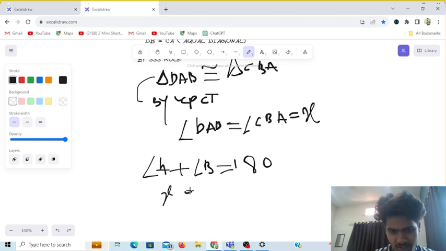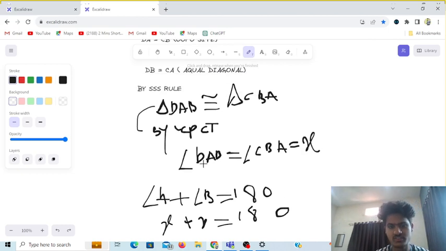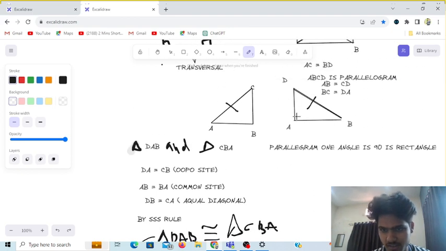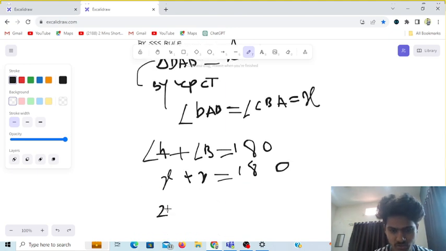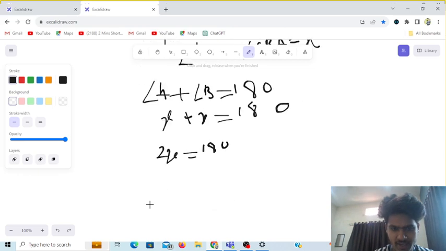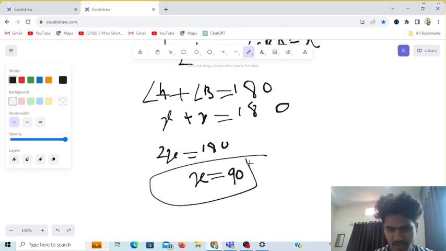Angle A is x and angle B is x, equal to 180, because we consider angle DAB and angle CBA. We can consider this x and this x. So from here we can write 2x equals 180, and x is equal to the division of 180 by 2, then the result is 90 degrees.